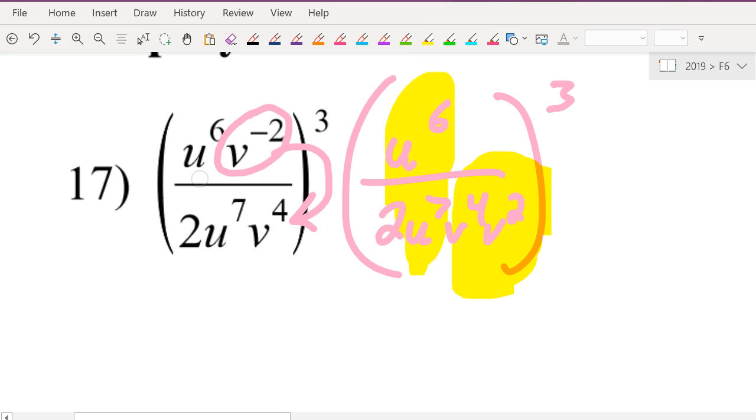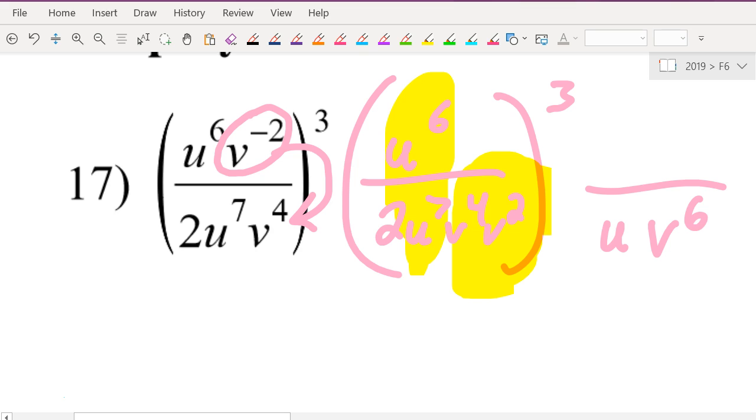Good. So on the denominator here, we have v to the 6th. What else? And then we would divide u6 and u7, and it would be just u. U where? At the bottom. Right, so u in the denominator.